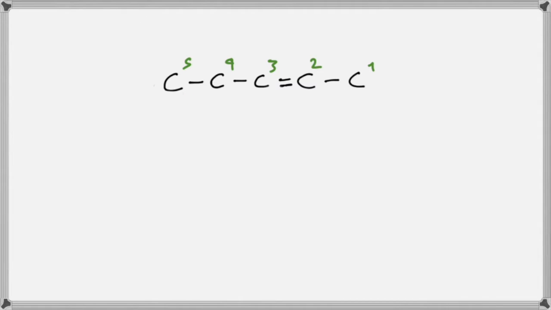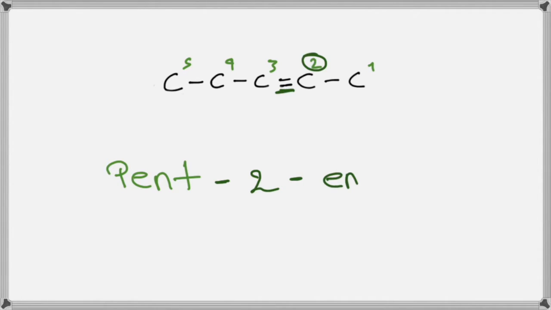Now, how are we going to name the compound? Well, we're going to put the same prefix pent, but in this case, we're going to put pent, a line. We're going to put the number in which the double bond is, the number of the carbon. So it's going to be 2, right? We're going to put pent-2-ene. Why ene?